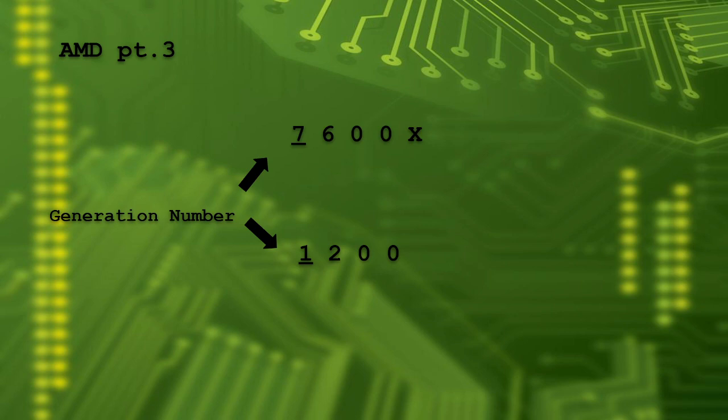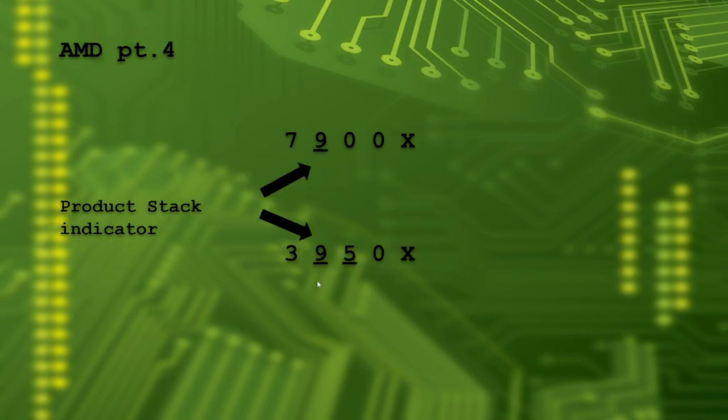So, just like Intel, AMD has their generation number. Higher means better. This one came out more recently than this one. Product stack indicator. This next number here determines the product's location in the stack.